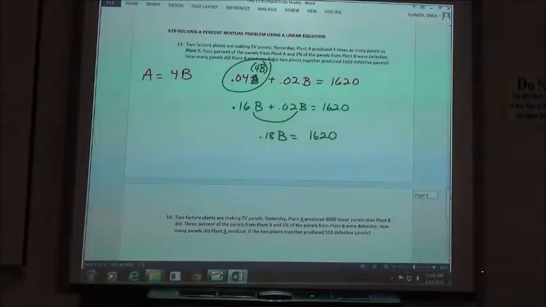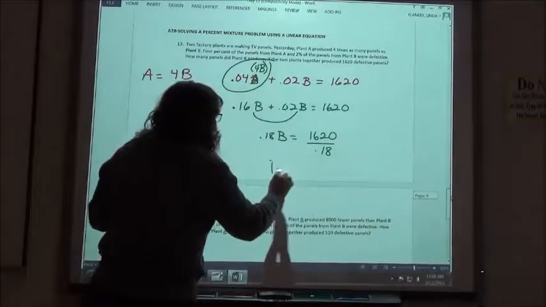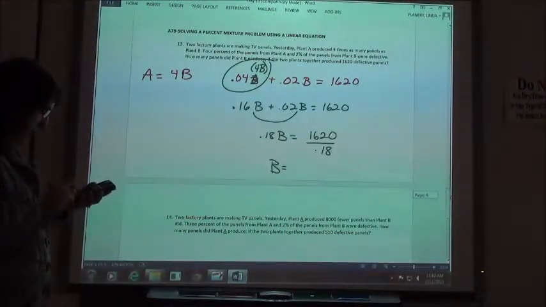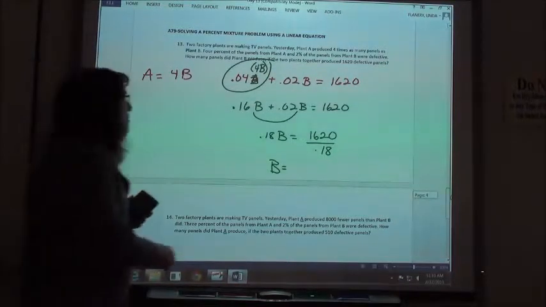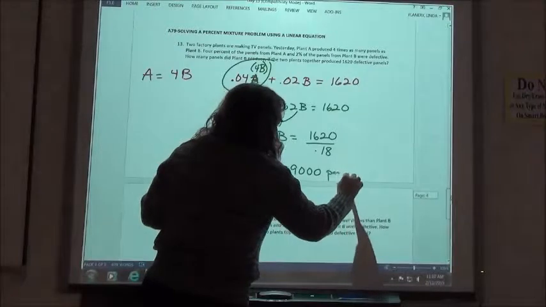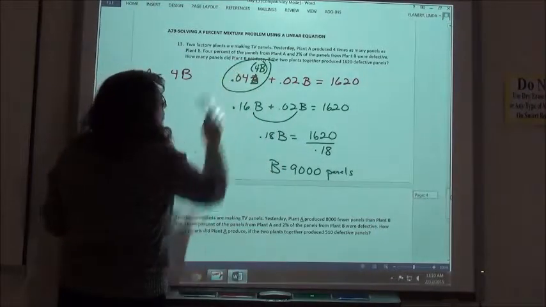And then, of course, all we need to do is divide. If I divide by my 18%, 1620 divided by 0.18 gives me 9,000. The question said, how many panels did plant B produce?